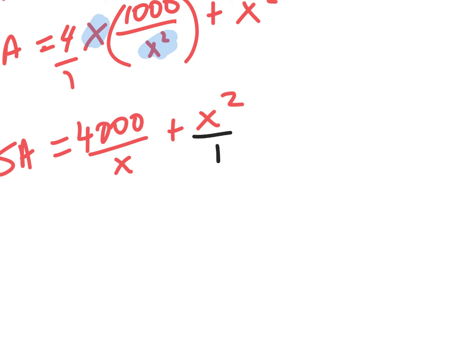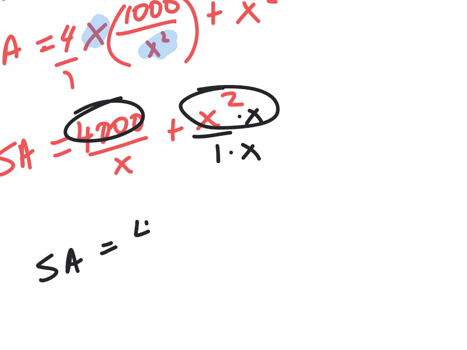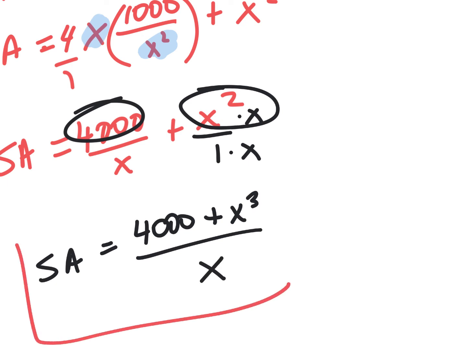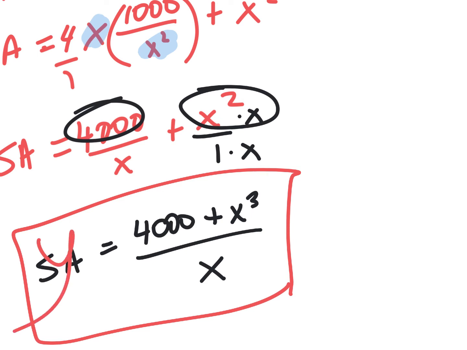I'm going to times by x here, times by x here. And now I have surface area is 4,000 plus x to the third all over x. Do you get that is something you could graph, especially because you could change the surface area to be y, and look at that, you could graph that, couldn't you?